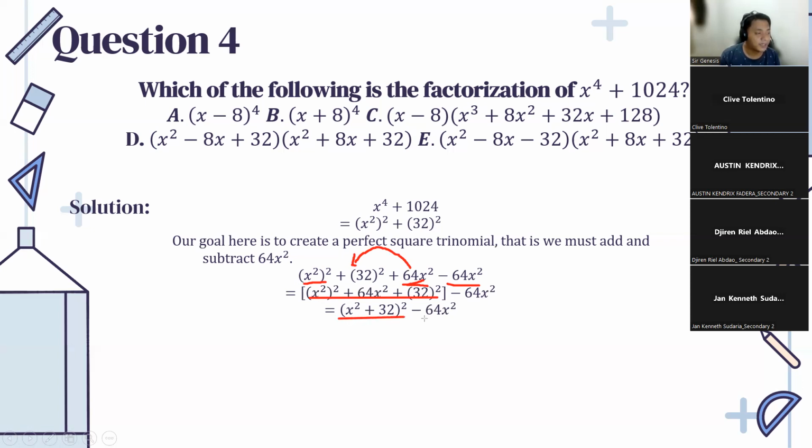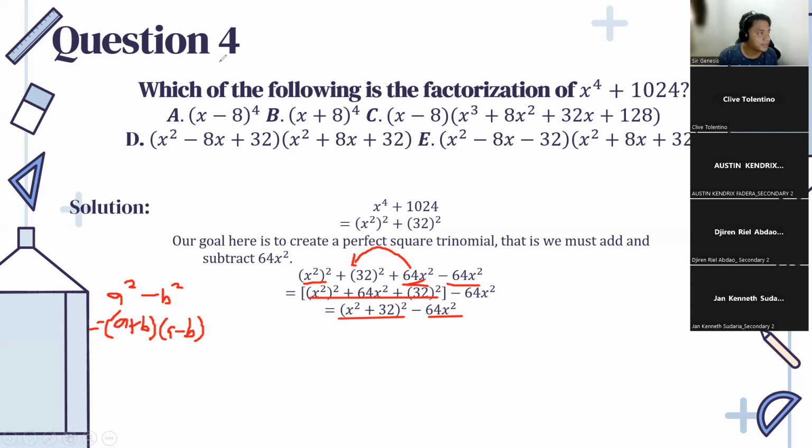So a perfect square, so difference of two squares. Now, when we recall difference of two squares, I'll just use another variable. So a squared minus b squared will just be a plus b multiplied to a minus b.